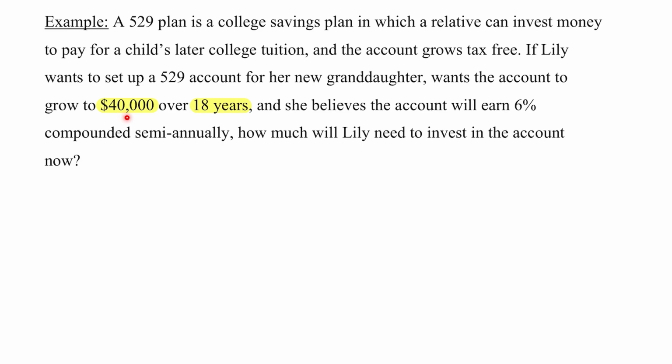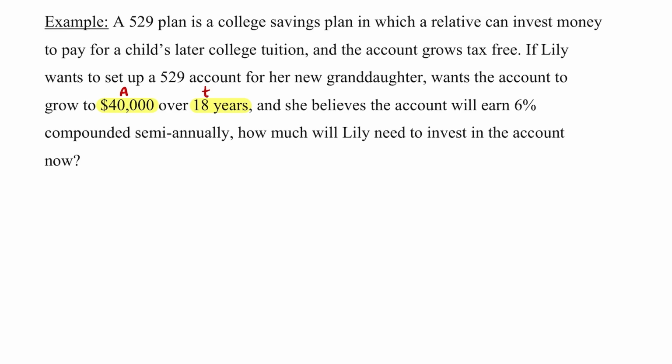I don't know how much money she is starting with right now, but she wants to have $40,000 after 18 years. So this $40,000 is the amount that she wants to see in the account after 18 years. So this is not principal. This is A, the amount of money in the account after 18 years.